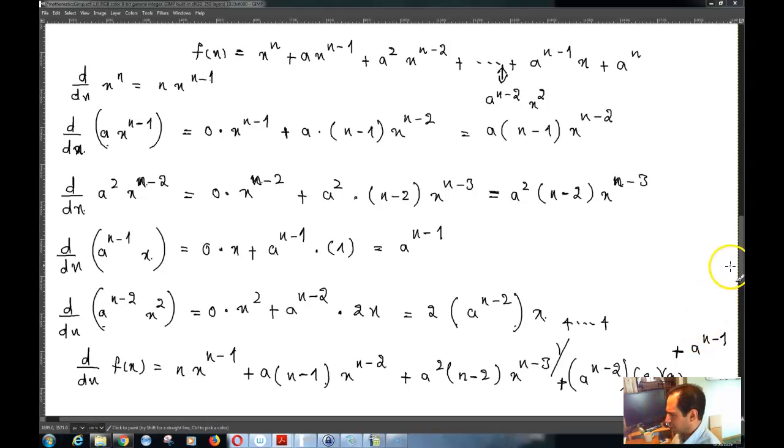So now that was number 6. Now number 7: for some constants a and b, find the derivative of these functions. Suppose that f of x is equal to x minus a times x minus b.